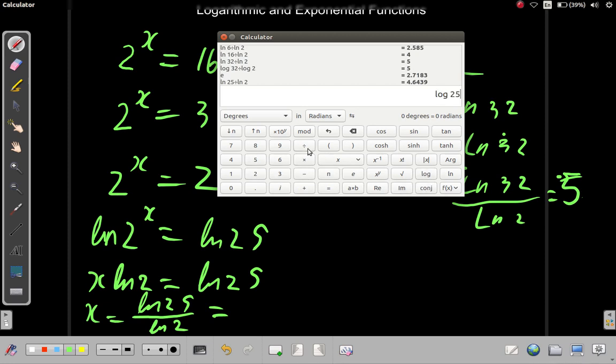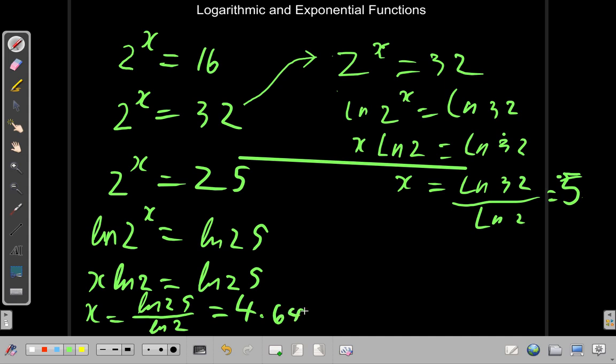Log 25 divided by log 2, and you get the same thing, 4.6438 and so on. To 3 decimal places it is 4.644. Alright? So let's write that down. 4.644.